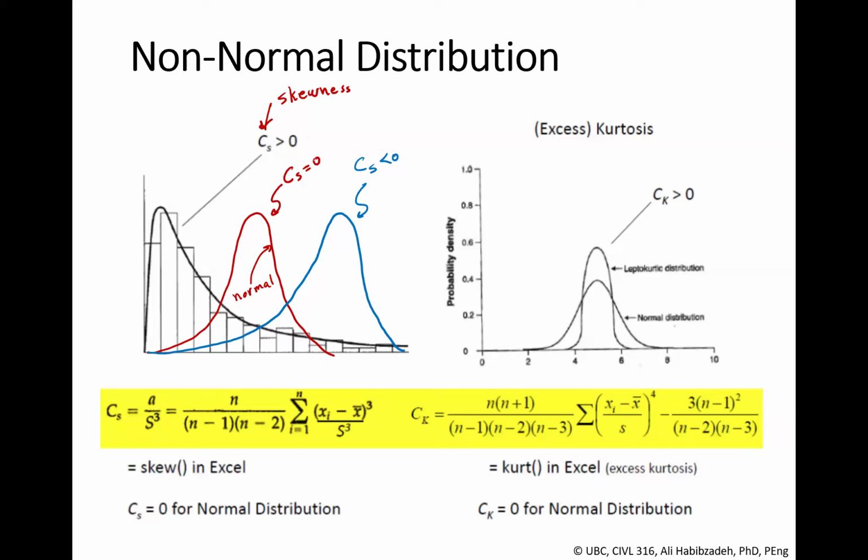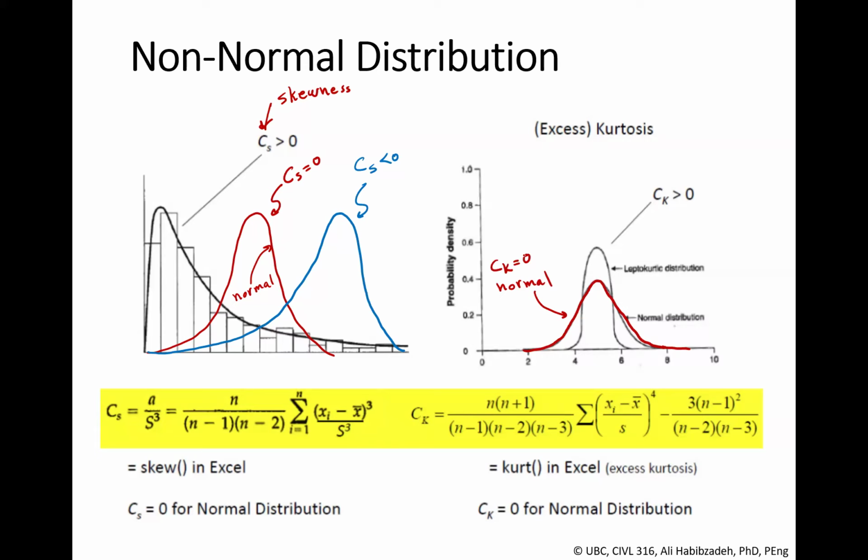The other one is kurtosis, and this one's C sub K, and it is a measure of the peakiness of the distribution. So I again have the normal distribution, looks like this, right? That's normal. So let me write it here. Normal is this red line and has a CK of 0.